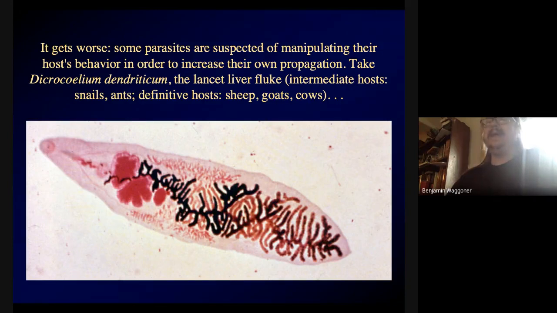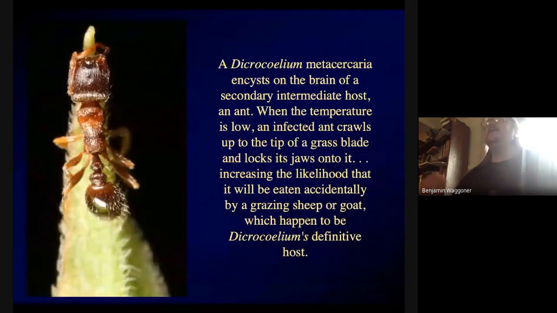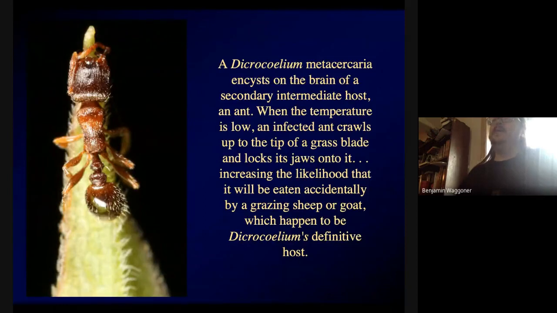You can get dicroceliasis if you happen to ingest metacercaria, although the definitive hosts are usually sheep, cows, and goats. They'll develop inside a snail. The cercaria will leave the snail and burrow into an ant, a secondary host.